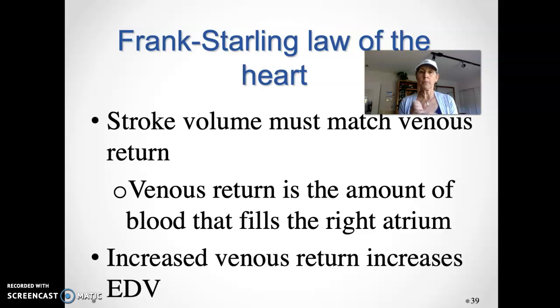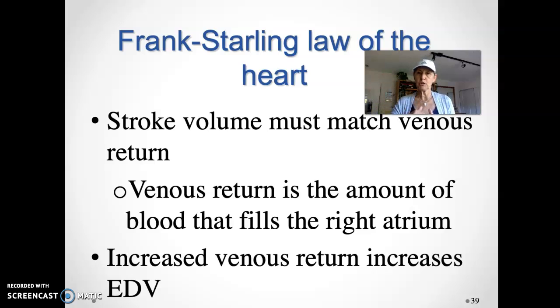It can't just pump with the same force it was pumping before when it had a lower volume of blood. So what Frank Starling figured out is if venous return increases, then the heart is going to pump more forcefully. Part of it is stretch, right? It's going to stretch that ventricle quite a bit. And then that contraction of those actin and myosin sliding over each other is going to be more forceful because they've been stretched out more. So that's what that law is.